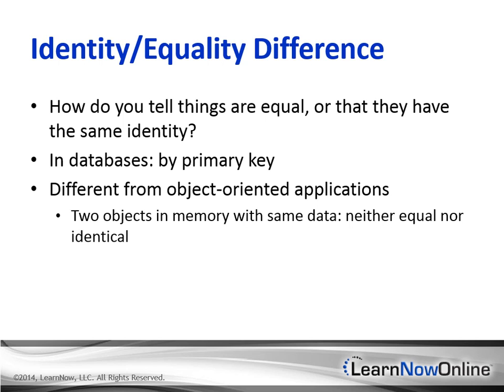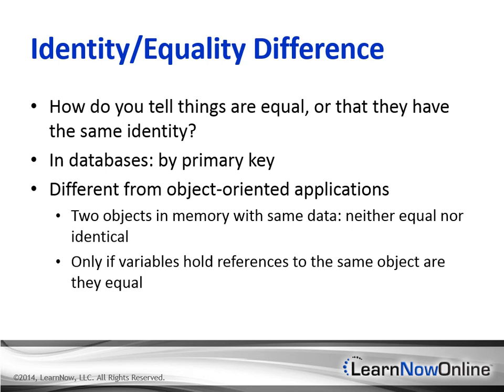If you have two variables, each of which holds a reference to one of the objects, then those variables are not equal. Only if both of the variables hold a reference to the same single object in memory does the application consider them to be equal. And this is called equality by reference.